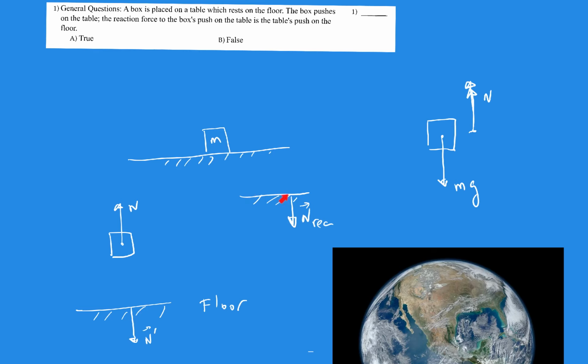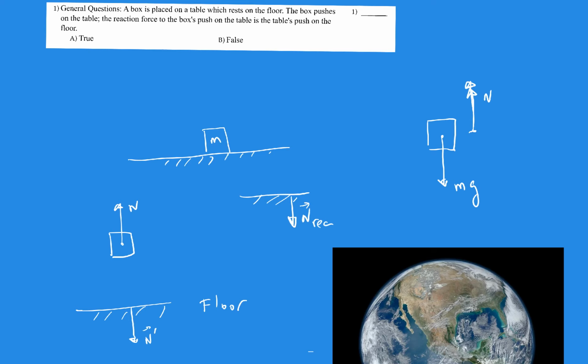The floor will accelerate down, subject to this force. Meanwhile, the mass little m will accelerate upward, subject to the force that the floor is doing on the object. This is the weight, the force that the earth is doing on the object.